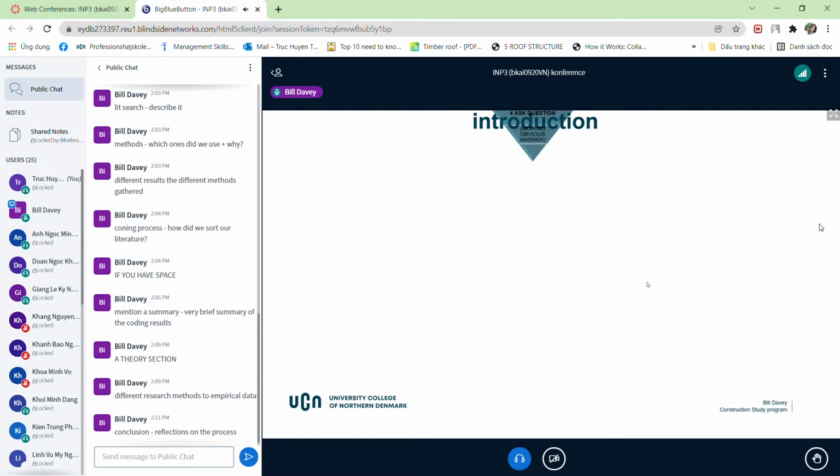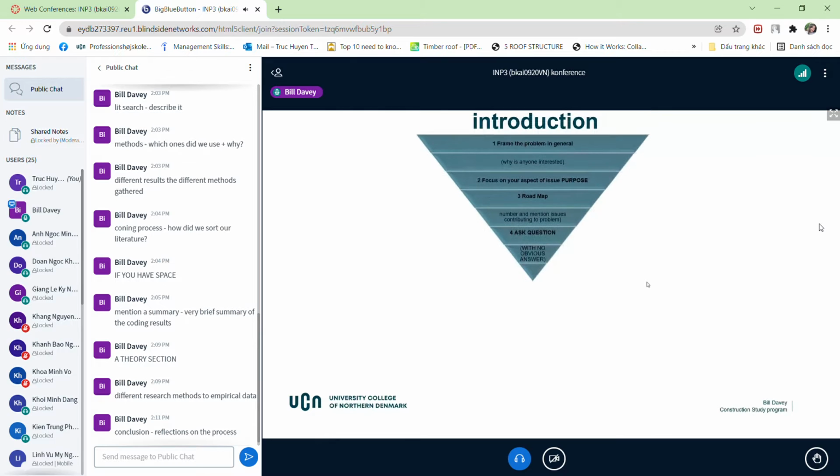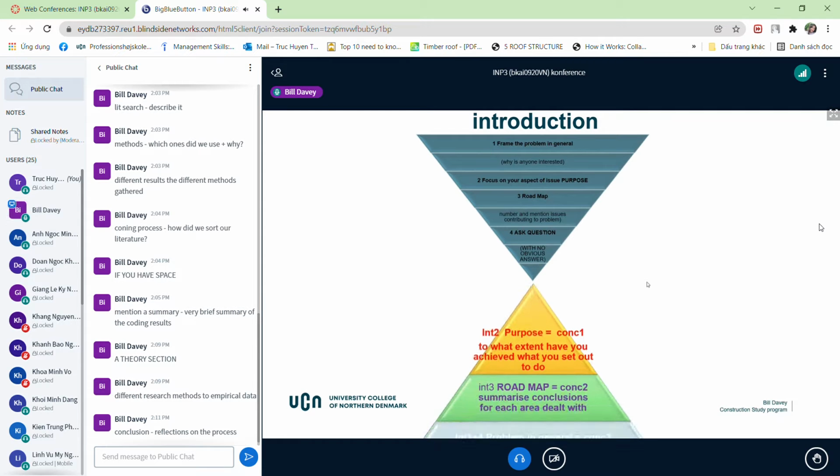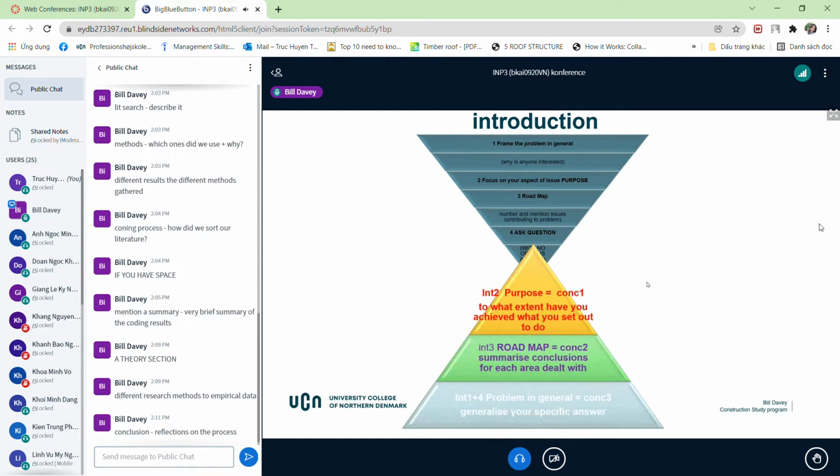So the introduction comes in, and we think to ourselves, okay, most people should be finished with that by now. And you have not yet started your conclusion. Well, of course you haven't, because you haven't concluded. But what we have to remember is that the conclusion is kind of the mirror of the introduction.